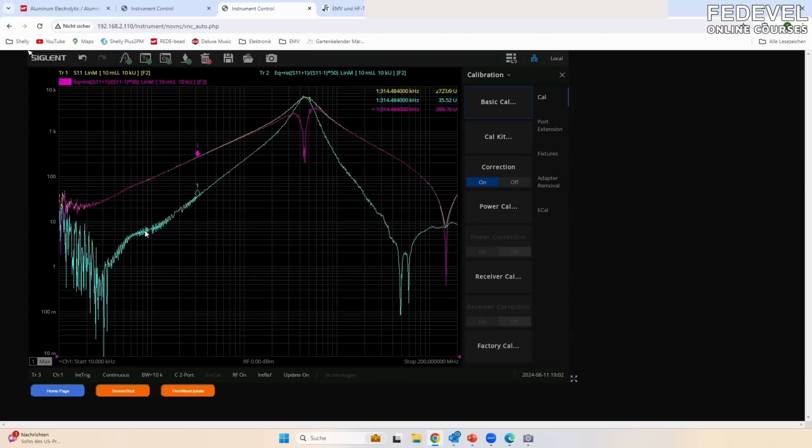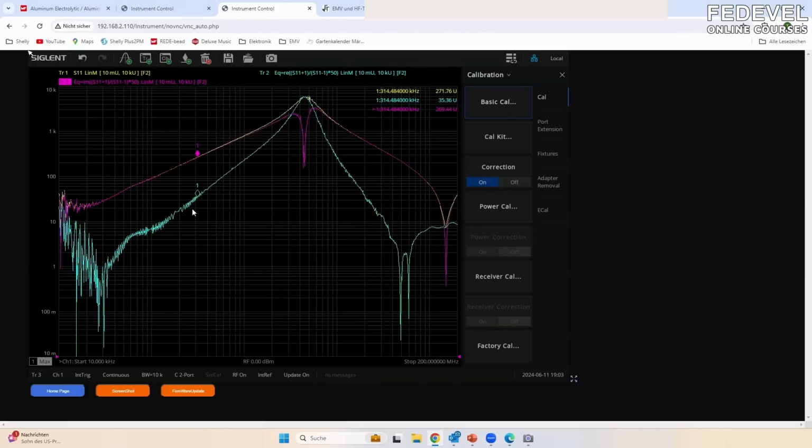But the 3 lines are, the yellow one is the impedance, so it is always the highest value. Then the next one, this violet one, is the imaginary part of the component, so it can be either inductive or capacitive.